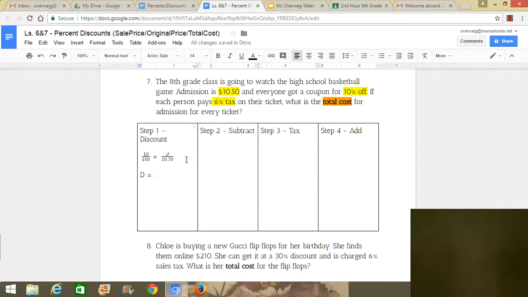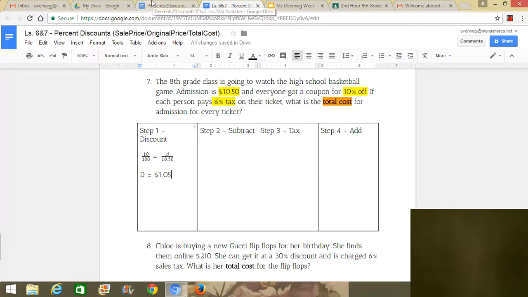So let's type in 10 times $10.50, divide by 100, and hopefully you got the same answer as me. I got $1.05. So we get $1.05 off of our price.